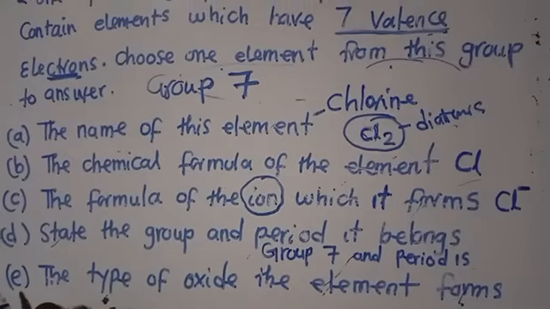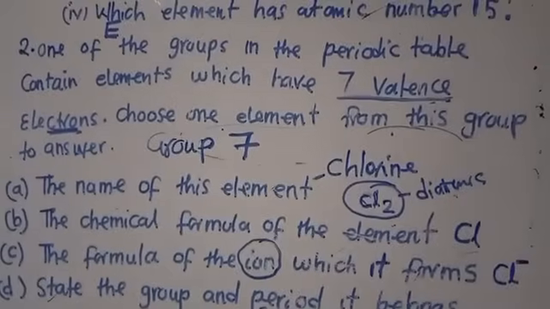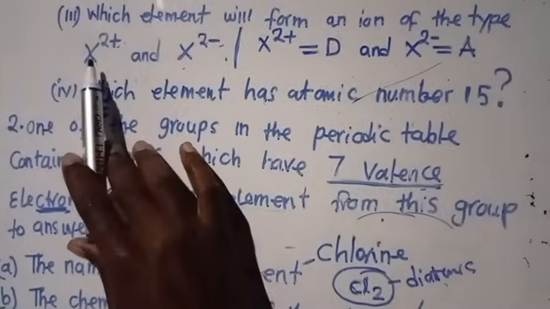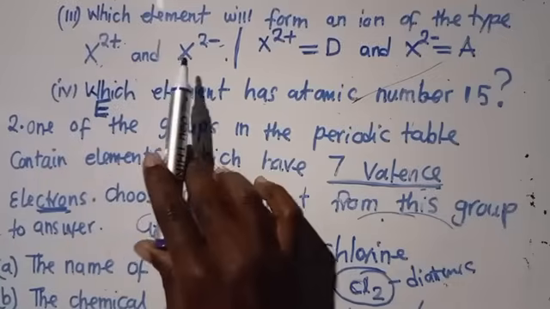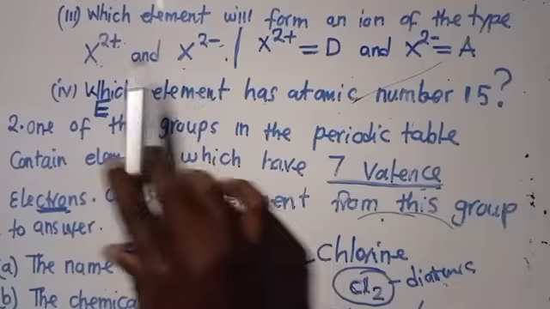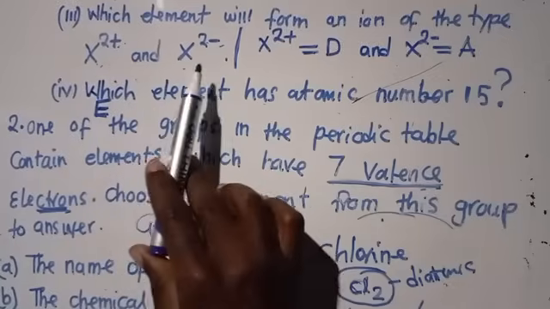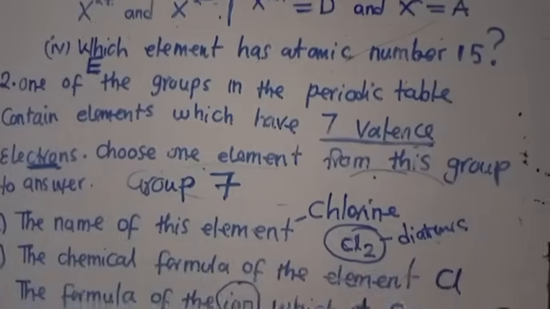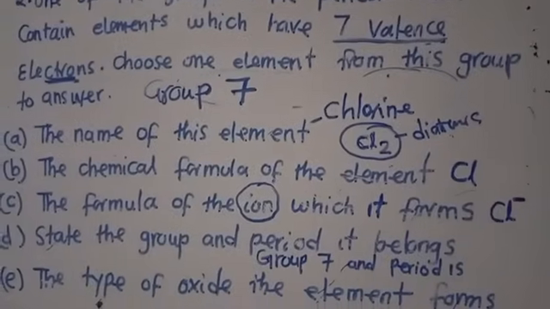Just to take you back to this, these are ions. This one is positively charged. This one is negatively charged. But these are ions. So ions are not always negatively charged. An ion is a charged particle. It can either be negative or positive. So that is what we are supposed to know.